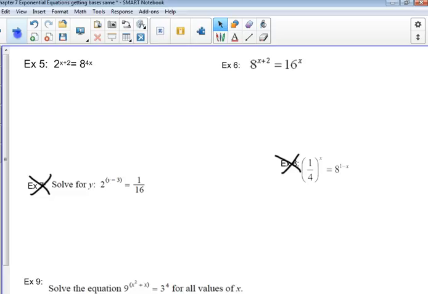See if that will work. If you guys get a fraction, it's okay.